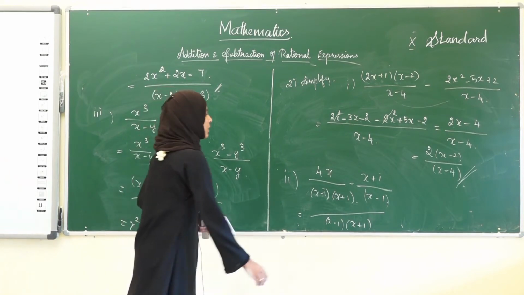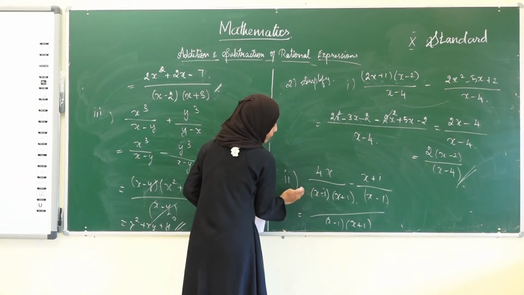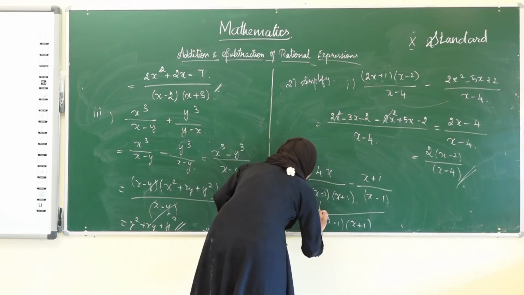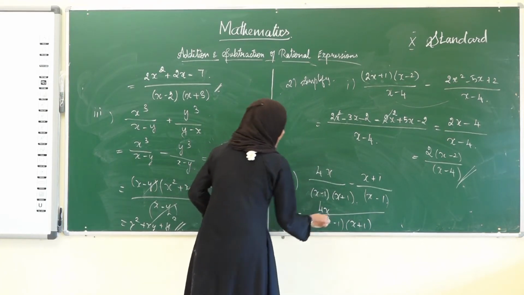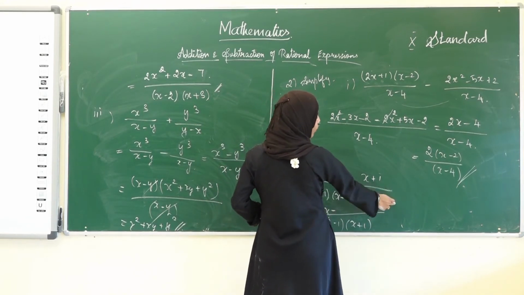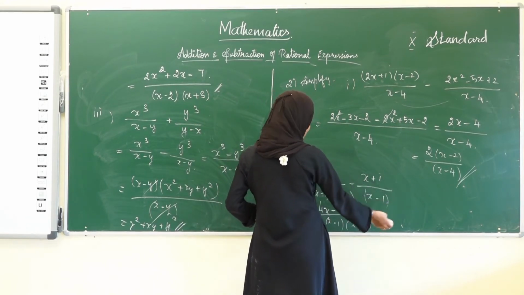Okay. So, see the denominator of the first term. Here it is x minus 1 into x plus 1. Therefore, the 4x comes as it is, 4x minus, see here it is x minus 1. We have to multiply in both numerator and denominator with x plus 1.